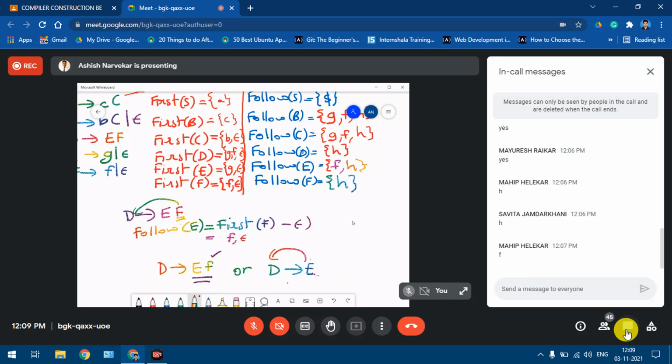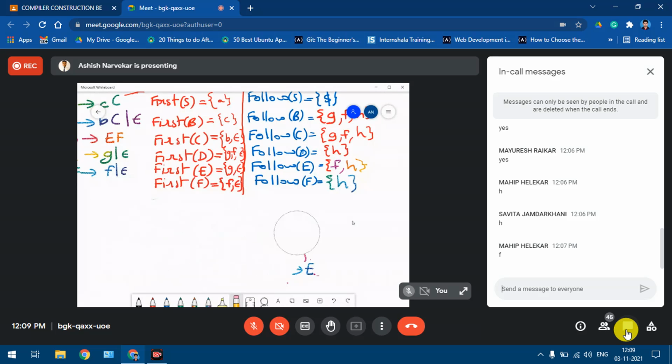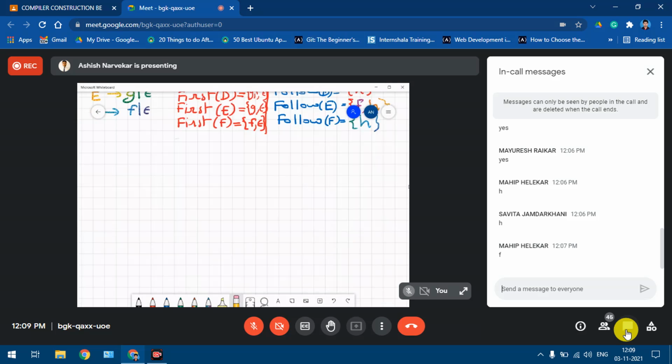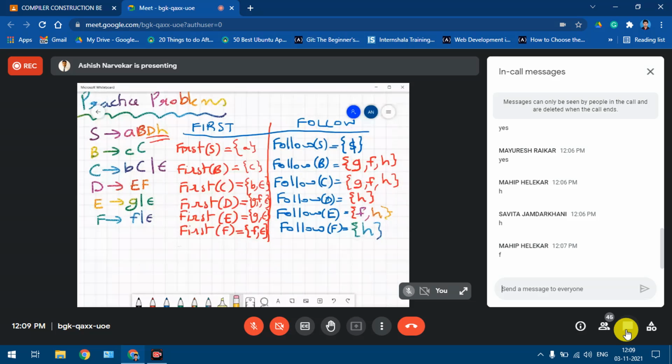Is it clear? I understand it is a bit tricky, slightly twisted as compared to finding the first sets. But I think when we take more problems, it should be clear. So shall we go for the next problem and see whether we are getting clarity on this or not?